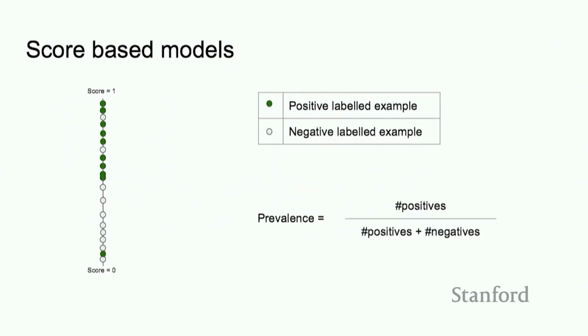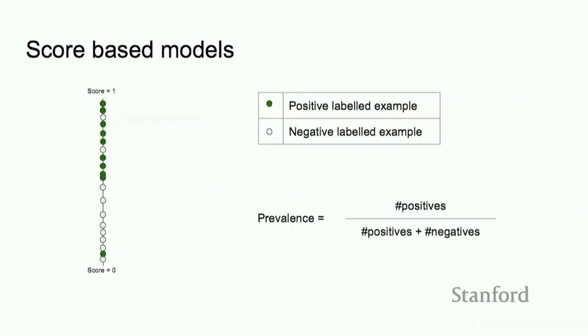So think of this as the mental picture you want to have. The line here from 0 to 1, think of it as the range of probabilities that can be output by the model. Right, 0 indicates the predicted probability is 0, and 1 indicates predicted probability is 1. So the green dots represent positive examples, and the position of the dot is the probability assigned by the model for that example.